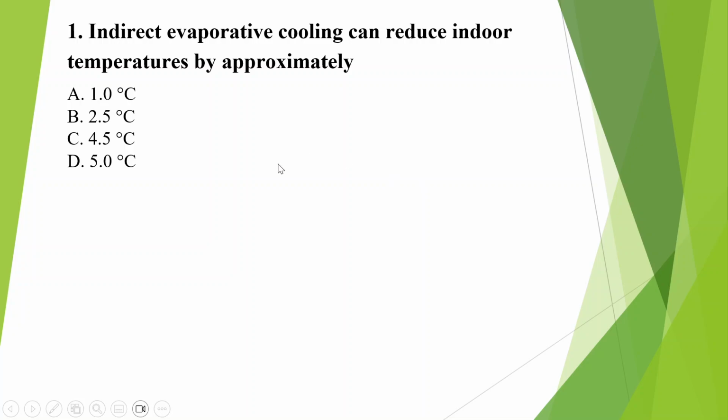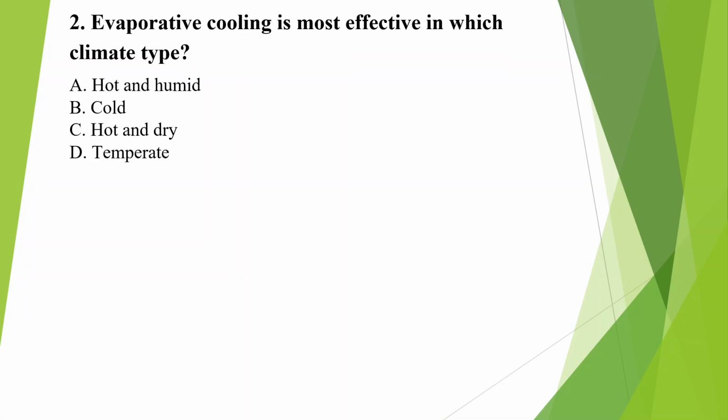That is, these indirect evaporative coolings can reduce the indoor temperatures, and several studies have indicated that indirect evaporative cooling can reduce up to 2.45 degrees Celsius, but it also depends upon the outdoor conditions where the system was tested. So with this, let's move to the second question.